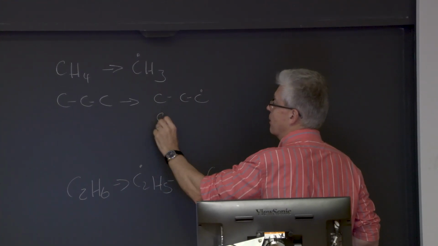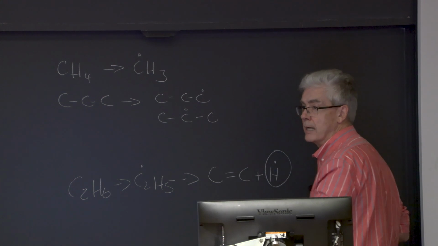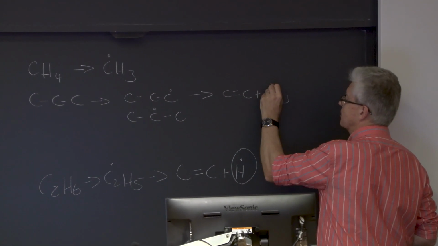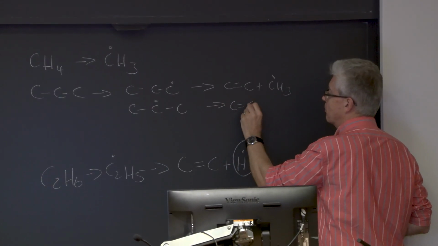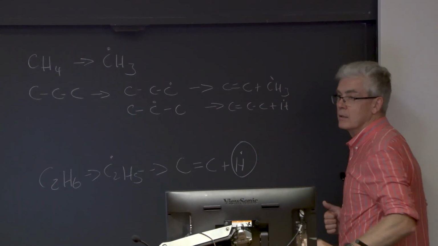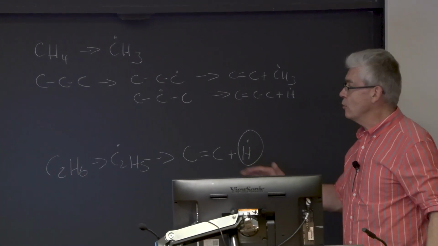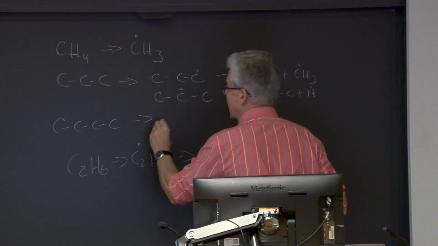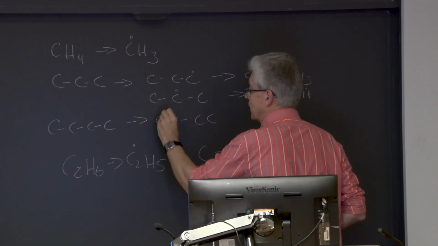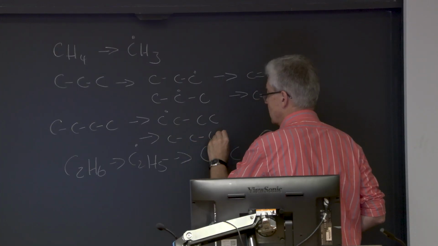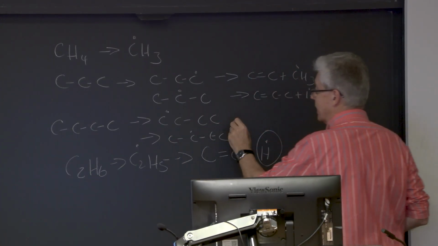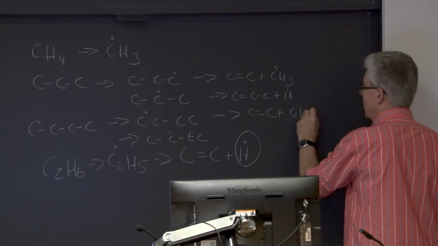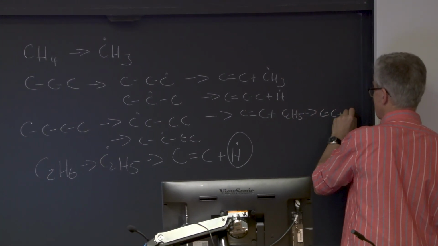We can get n-propyl or we can get isopropyl, right? If we get n-propyl, we're going to get ethylene plus methyl. And if we get isopropyl, we're going to get propene plus H, right? If you look at the other ones, C, C, C, C, that will give you two radicals, that one and that one, okay? And then this is going to give you ethylene plus C2H5, which will give you another ethylene plus H.